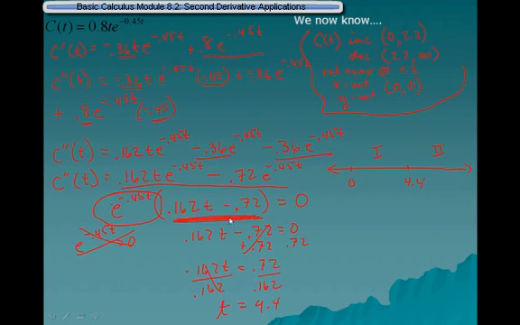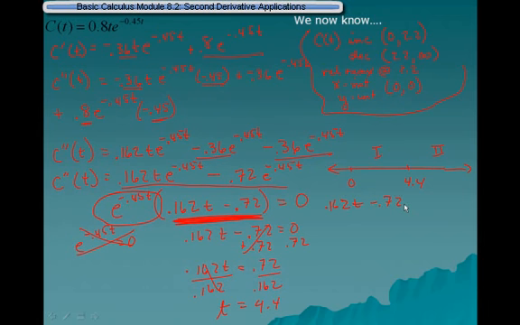So all we're going to concern ourselves with is this one, because if it's positive and it goes with the other positive, it's automatically positive. If this one is negative, then it goes with the other one, and that will give us a negative. So everything is dependent on the 0.162t minus the 0.72 to determine the sign of the second derivative.